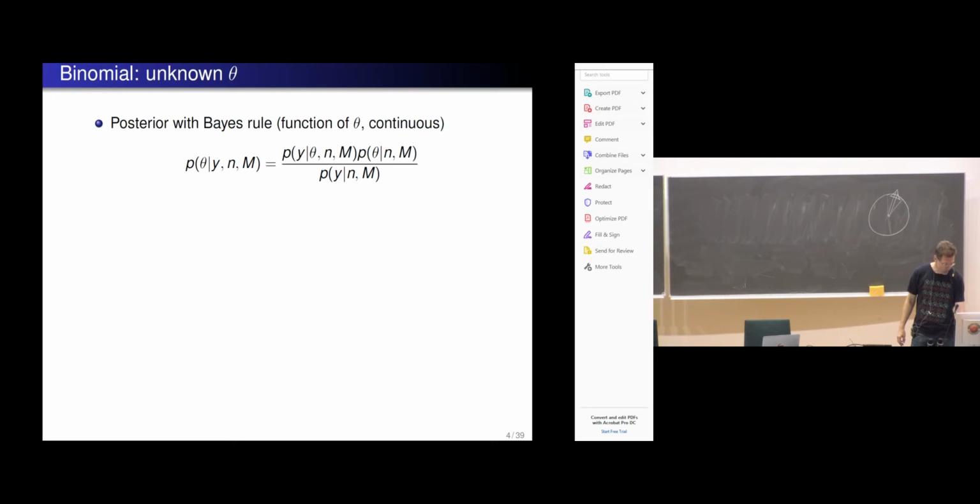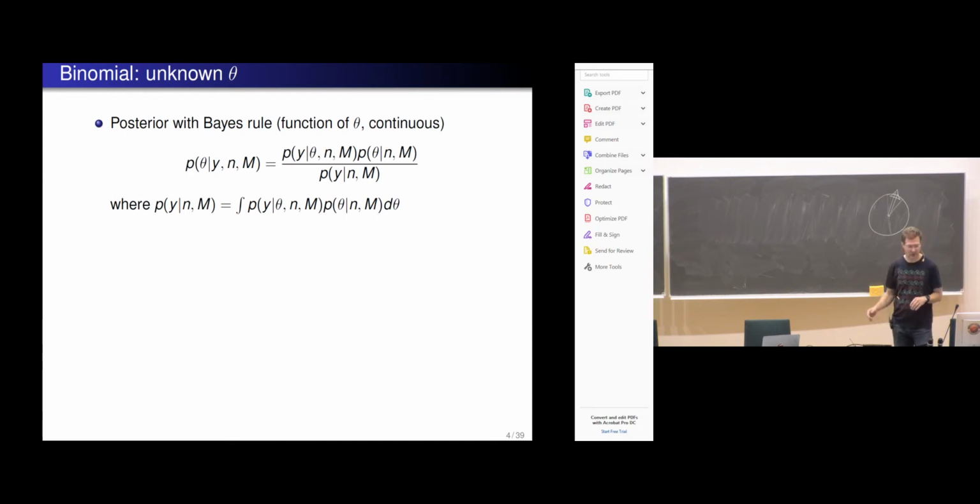So what we know about theta after getting observations. The normalization term is just the integral of what we have on top of the line. By integrating over what we have on top, we guarantee that the integral over the posterior is 1, which denotes all the probability mass.